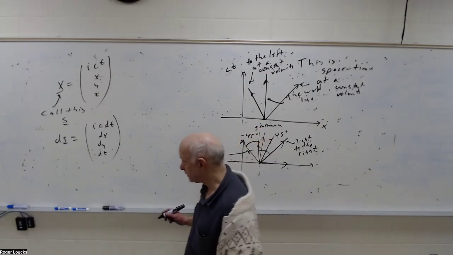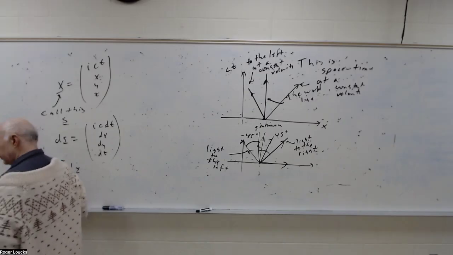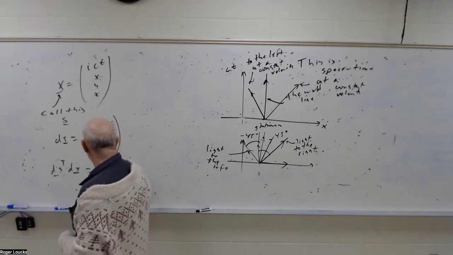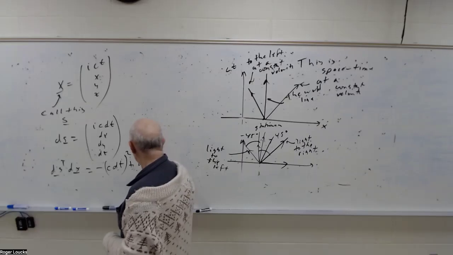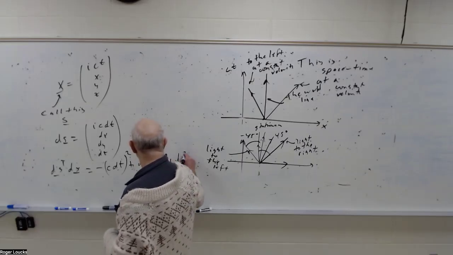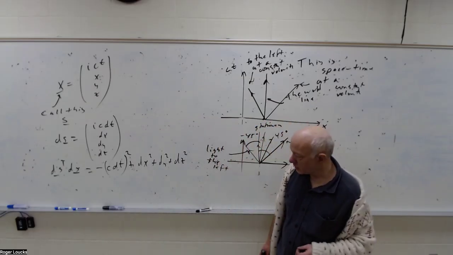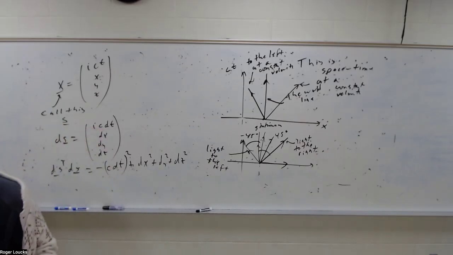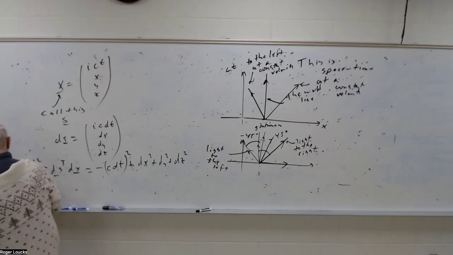So it's going to be ds transpose ds, which would give me minus c squared dt squared, plus dx squared, plus dy squared, plus dz squared. This quantity we're just going to call ds squared. And this is going to be the space-time interval.